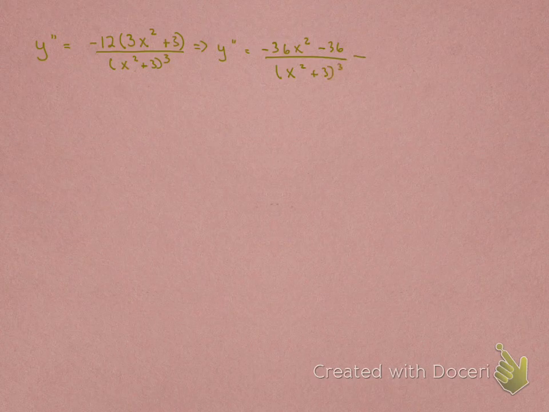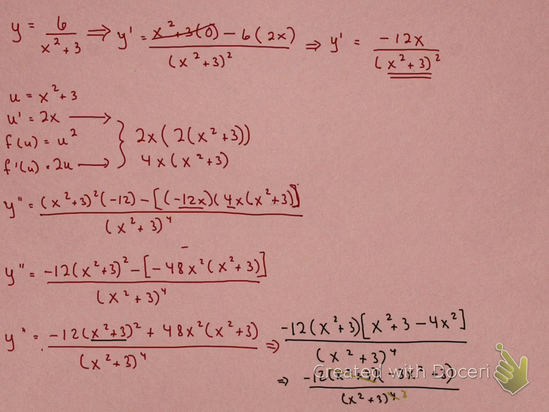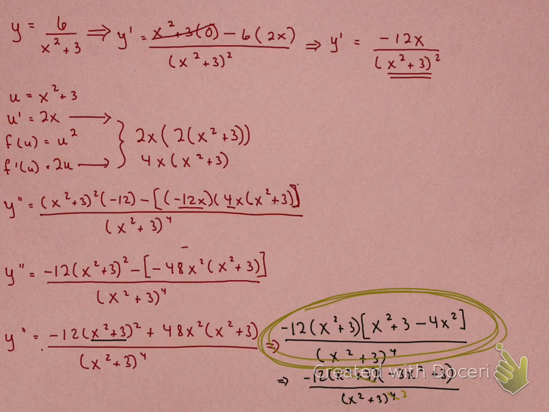Now, the thing is that this might seem like a little bit of a pointless, tedious thing. But remember, we have to be able to set this second derivative equal to 0. Now, if you look, there is no way that you're going to take that right there and set that thing equal to 0 and solve it for x. It's just not going to happen.